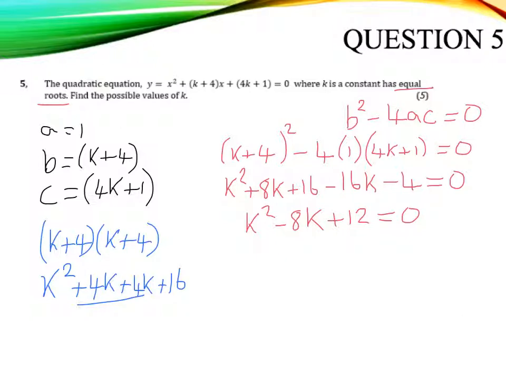If I want to know what k is, I'm going to have to factorise it and solve it. I'm hoping there are two numbers that multiply together to give me positive 12 and add together to give me negative 8. And we can see, hopefully, that this is (k minus 2)(k minus 6). So the possible values for k are k equals 2 and 6. Okay, done.